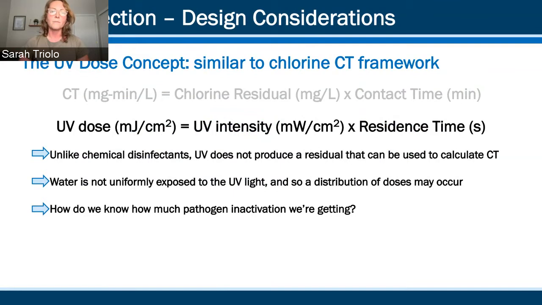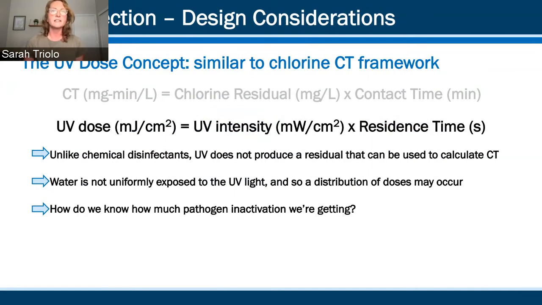So UV doesn't produce a measurable residual, right? We put a chlorine analyzer on the end of a contactor to measure the chlorine concentration. We can't do that with UV. There's no residual to measure. And the other thing is that because it's not a chemical disinfectant, it's not getting mixed into the water, right? The water is passing through a reactor and getting exposed to UV light from UV lamps.